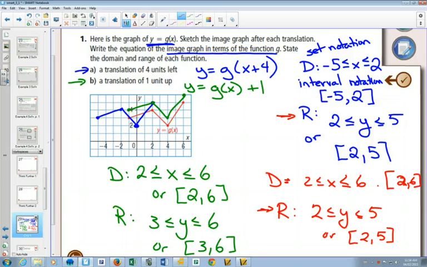Because if the x values are affected and the y's are not, the range is not going to change because the ranges are y values. But our x values, which were at 2 to 6, now went 4 to the, no, what am I talking about? -1. Yeah, I'm like, whole time here, sorry. I don't know why I had 2 in my head.